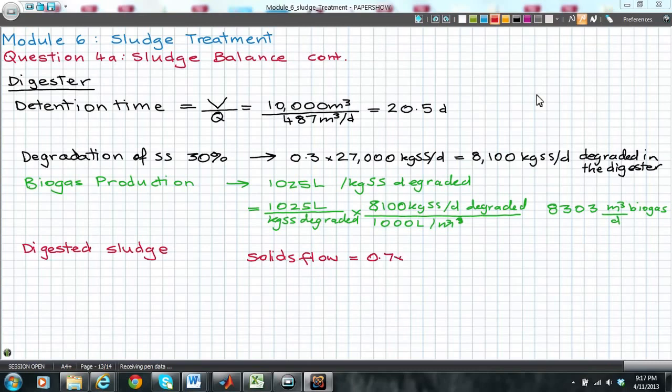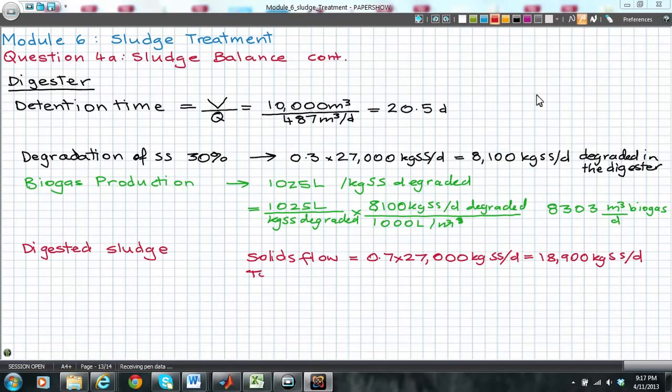So it's going to be 0.7 times the total solids inflow, which was 27,000 kilograms of suspended solids per day, which means that 18,900 kilograms of suspended solids exit the digester in the digested sludge.